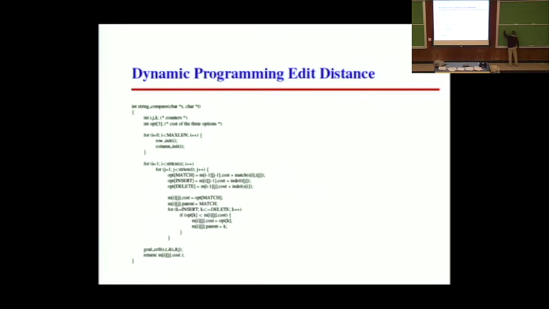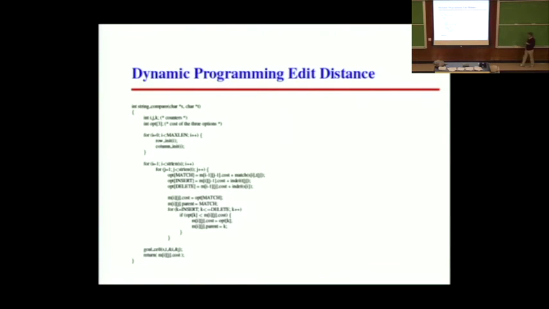If we are looking at this position in the matrix, this says what's the cost of editing the string, let's say the first character. Let's say this is ABBA.